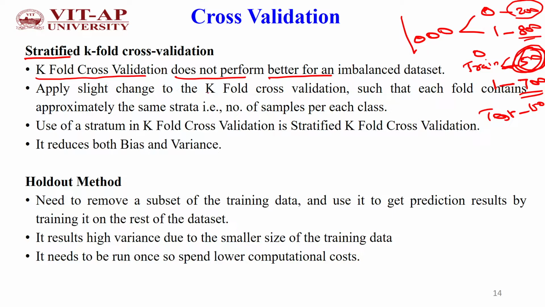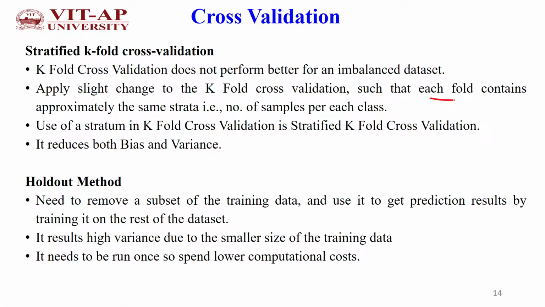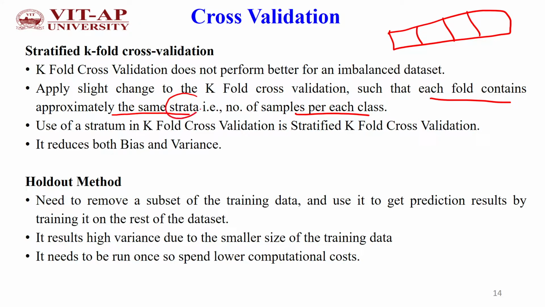For that we apply stratified K-fold cross validation. In this, we split the data into folds, right? Each fold contains approximately the same number of samples for each class, and that is called strata.